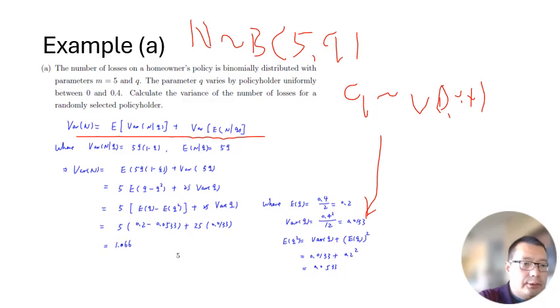First we need to calculate the variance of N given q, which is 5q times (1 minus q), and the expected value, which can be found from the binomial distribution's expected value and variance. Then you can just utilize the formula to calculate the result. The final result will be here.